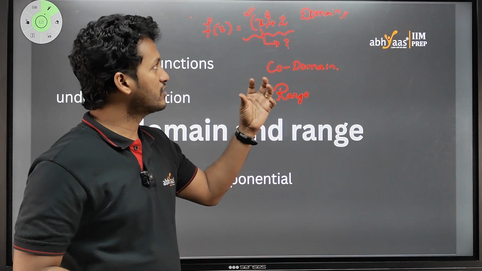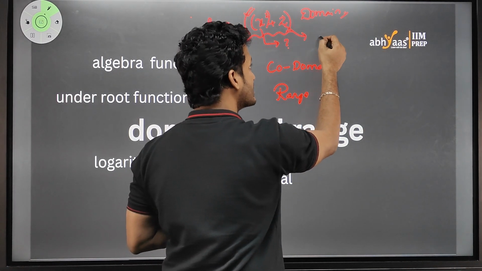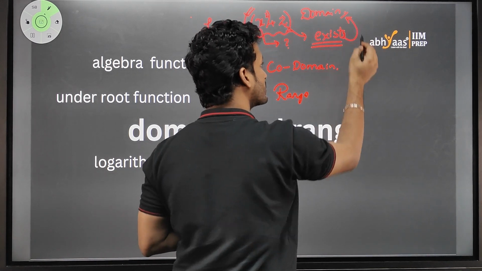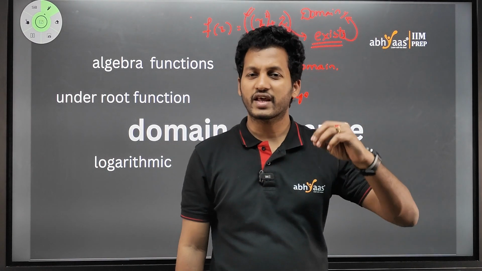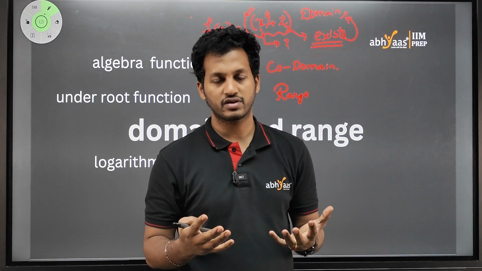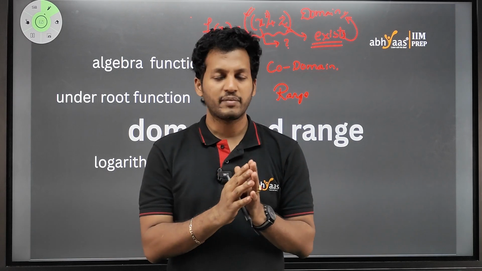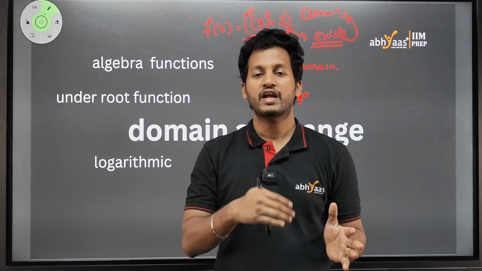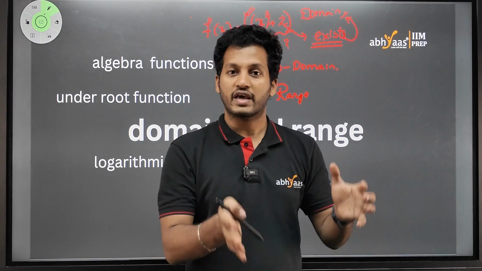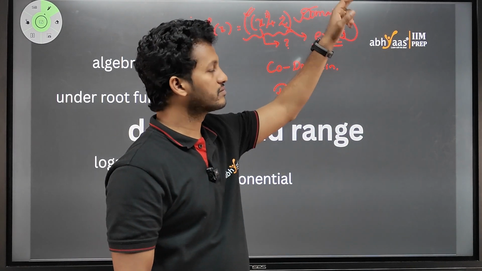Only some values where this function exists, that is my domain. I cannot take undefined terms and say this is a function. Every function cannot be defined all over. They have some limitations. In those limitations, the values of x are called the domain.